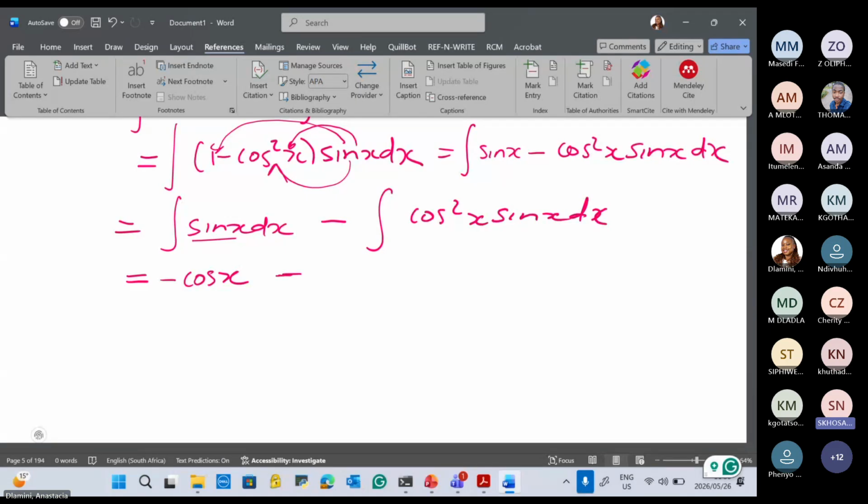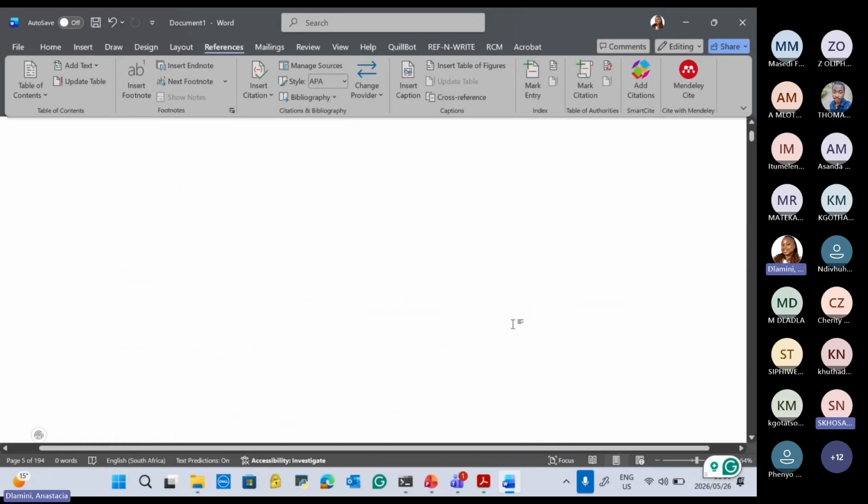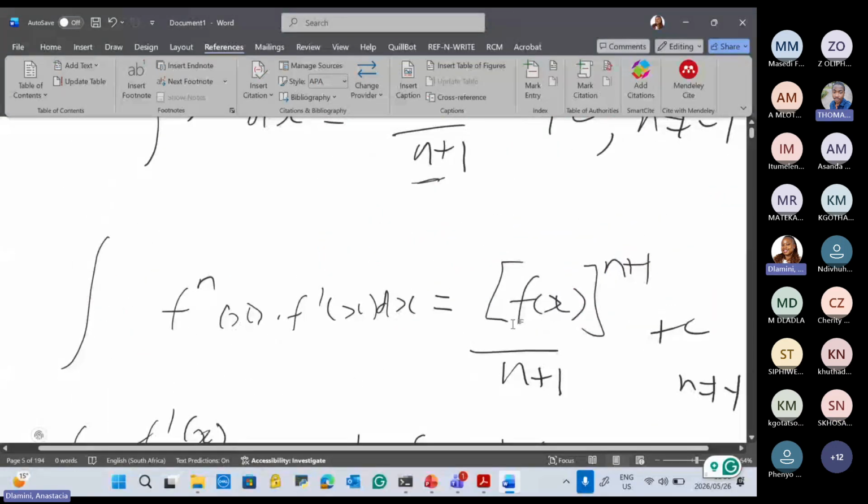It has a power, so we use n+1. Why, for cos squared? Because that's how we integrate a power. You forgot this one over here.